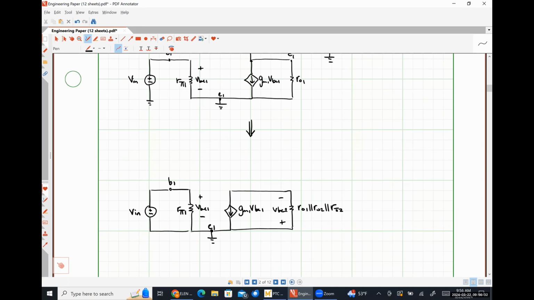This is my voltage VBE2. Here's GM2 VBE2. For what it's worth, this node is the collector of 1 and the emitter of 2.